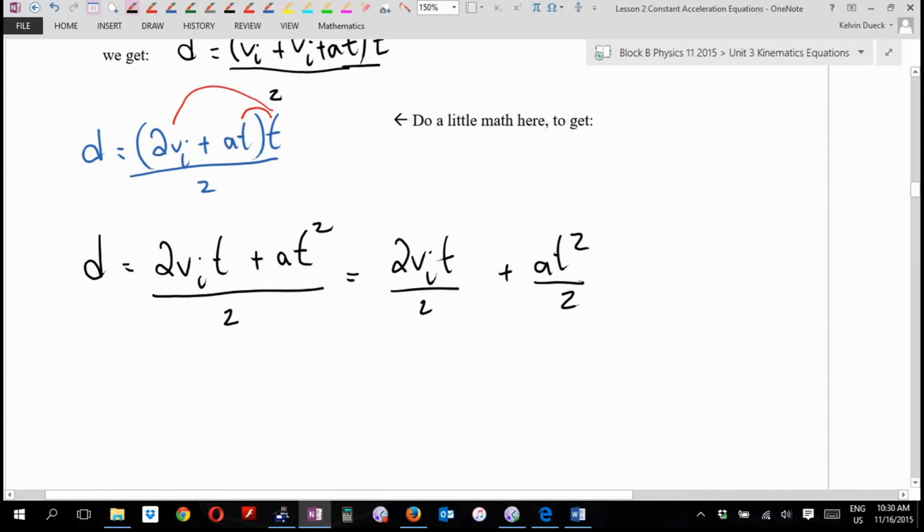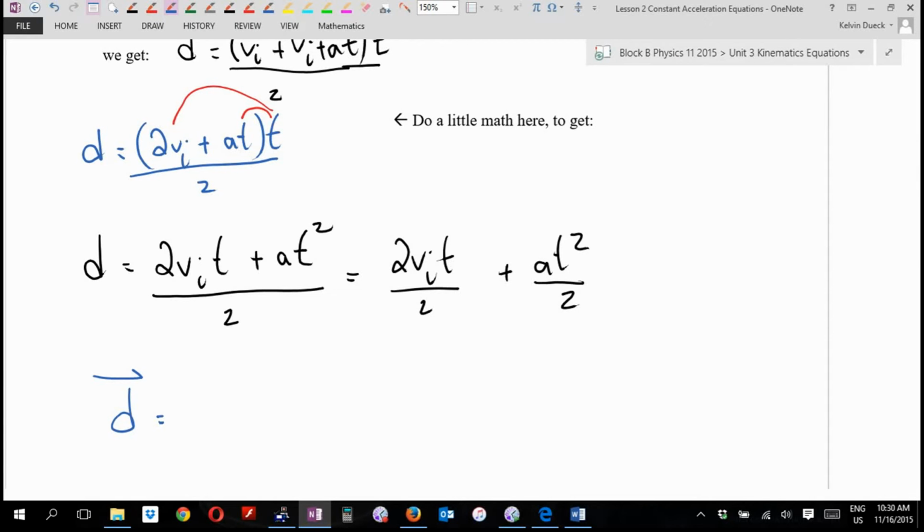Why did I do that? Hey, what's 2 divided by 2? They cancel. In fact, here's our new equation. This is the displacement equation that can handle acceleration. I wish we could have given it to you in Science 10, because you can do so many more interesting questions now.